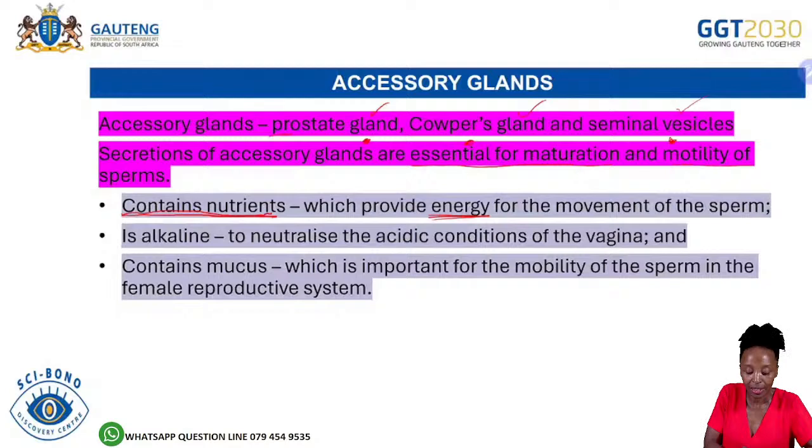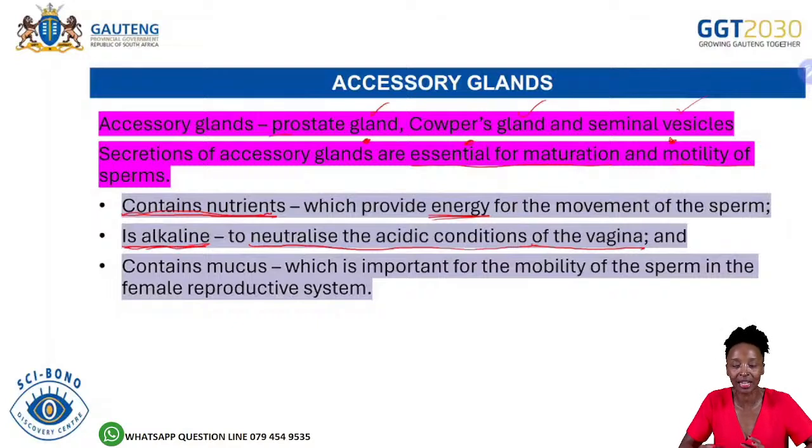Secondly, this secretion is alkaline. Why is it alkaline? So that it neutralizes the acidic conditions of the vagina. Because once the sperm cells enter the vagina, the environment there is no longer the same. It is acidic.